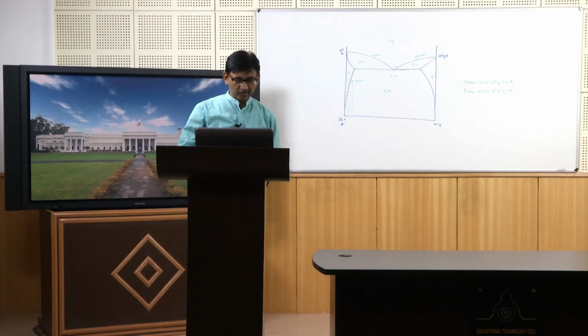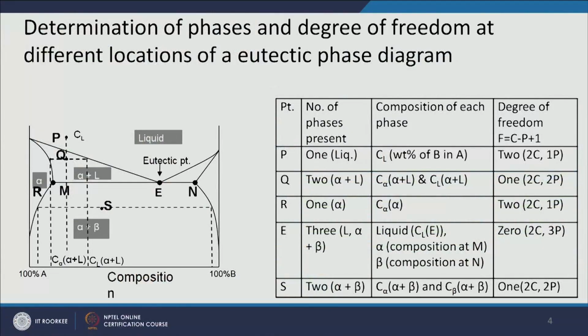Now, in this particular slide you can see that different points are marked here, okay, and for each point we are giving you a list of what different phases will be present, what will be the composition of each phase, and what will be the degree of freedom at that point, okay. So, at point P, you have only one phase, liquid phase.